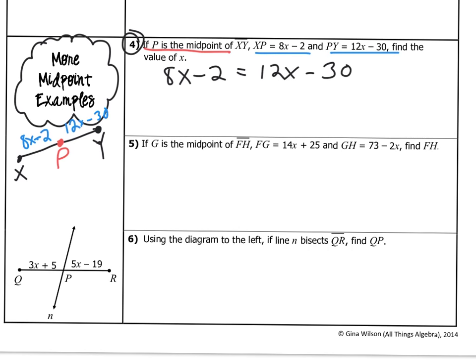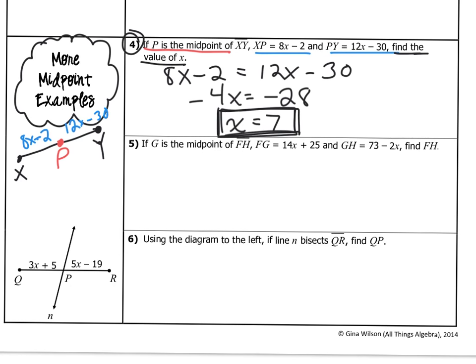Let's go ahead and solve this equation. So after solving the equation, we get the value of x is going to be x equals 7. If this question asked you to find the length of xp, you would simply plug 7 back into the equation to find your answer.